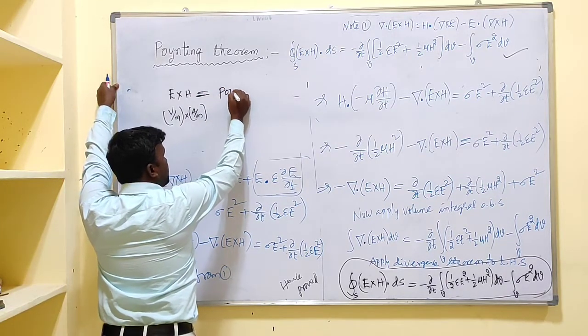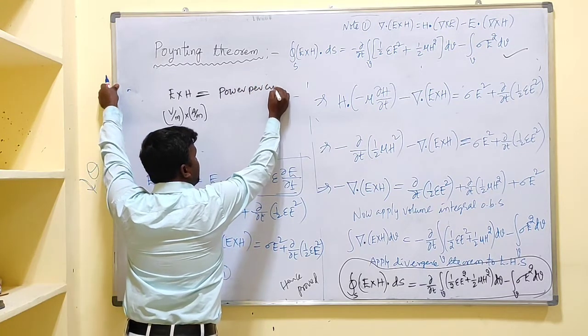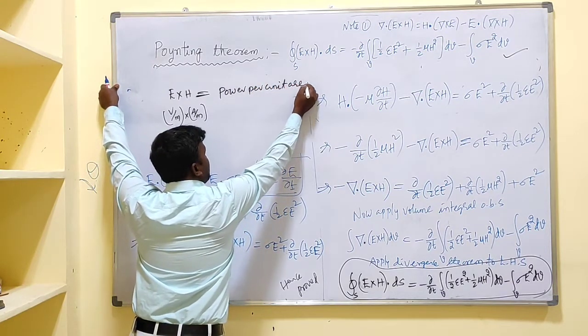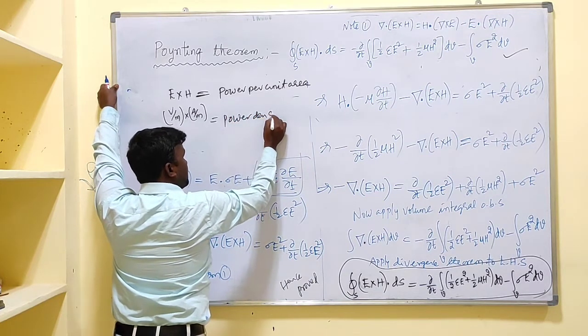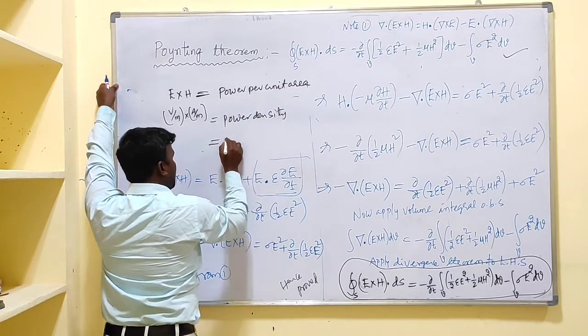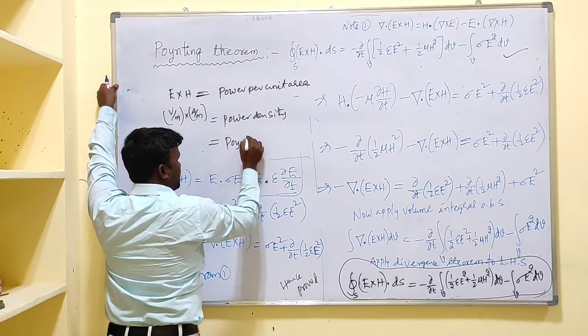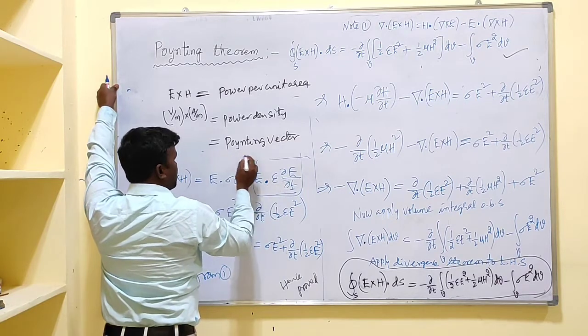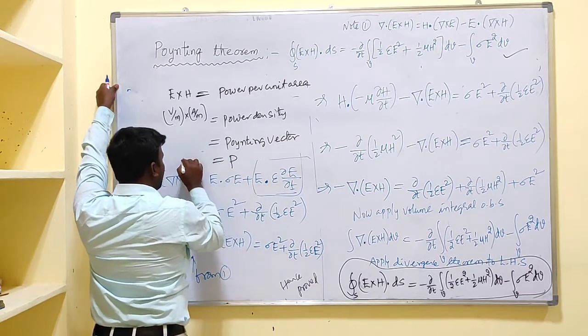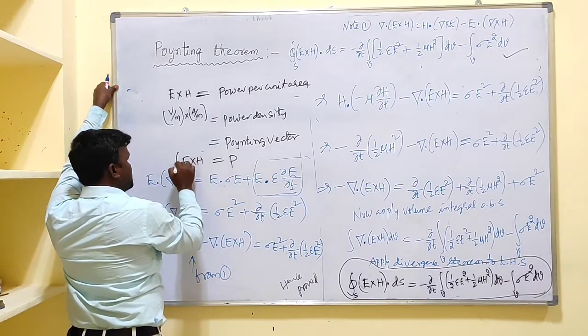It is equivalent to what? Power per unit area. That is nothing but power density, or else it is called the Poynting vector. That is represented by P equal to E×H.